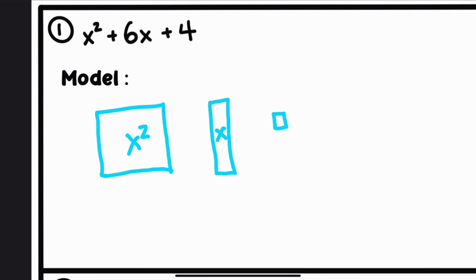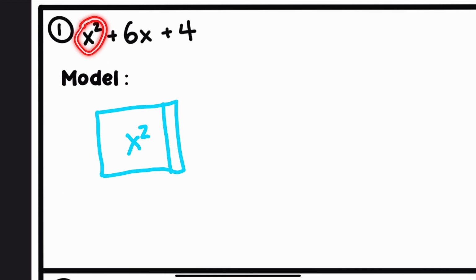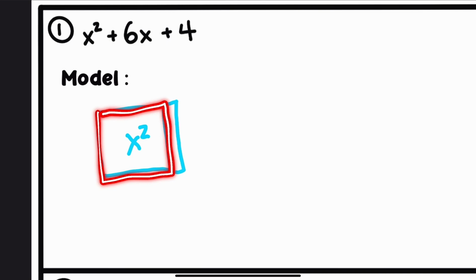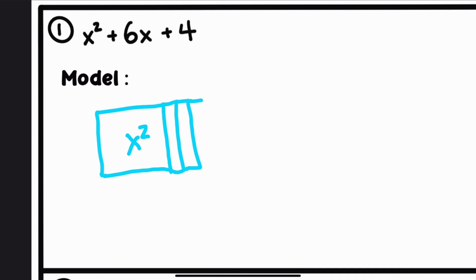To do that, basically you're just going to move them around. You're going to move them around. And you want to make sure you have enough for each part of your problem. So like we're starting out here with my x squared. I only have one of those, so that's why I only have one large box. For my x's, I'm going to use these rectangles.